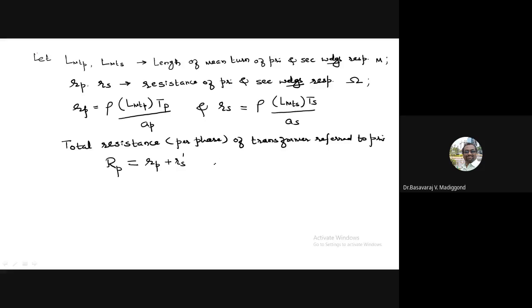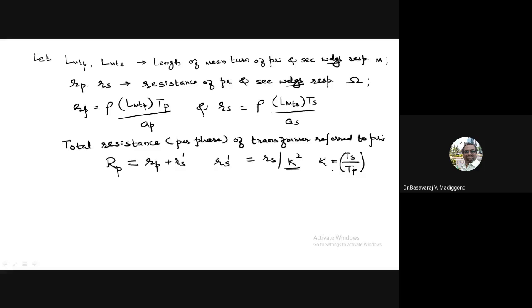If you remember, Rs dash is Rs divided by K square. What is K? K is Ts by Tp.